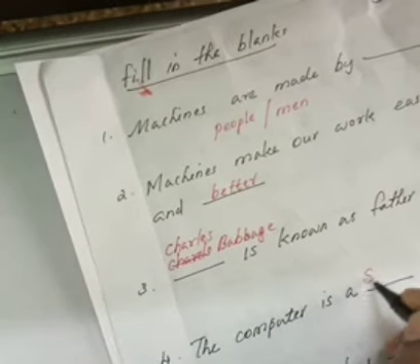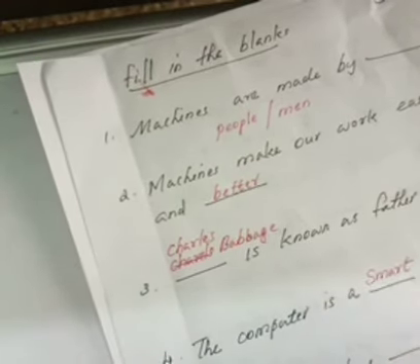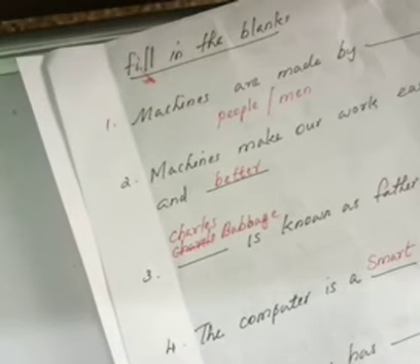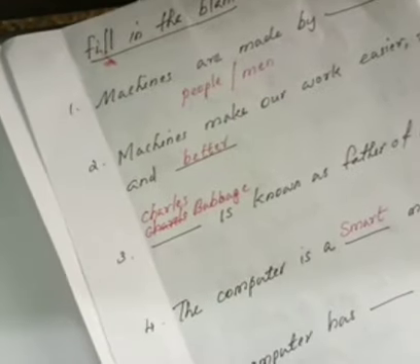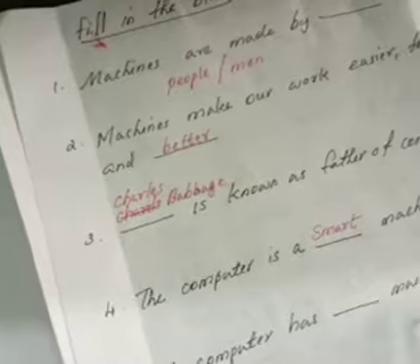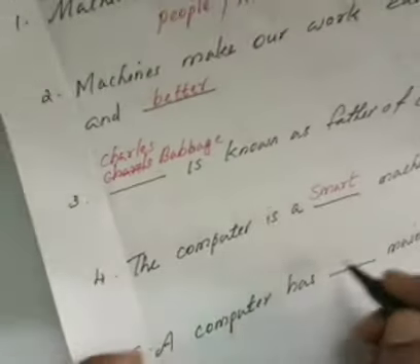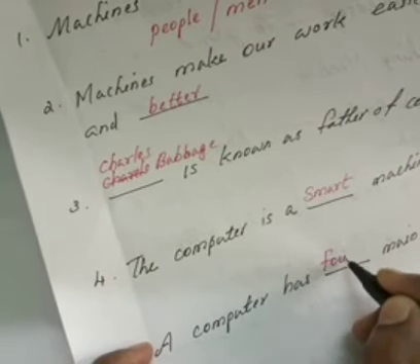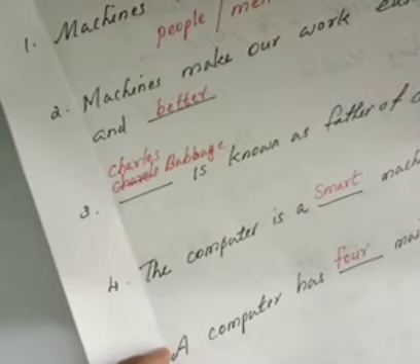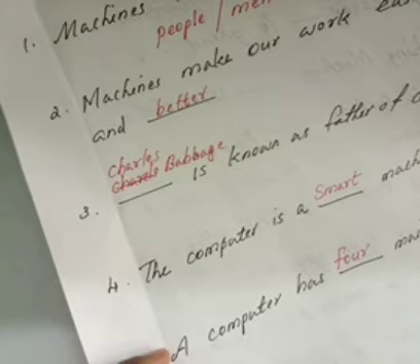Wonderful. The computer is a smart machine. And fifth one, a computer has dash main parts. How many main parts a computer has, children? A computer has 4 main parts. F-O-U-R. 4 main parts. Okay, a computer has 4 main parts.